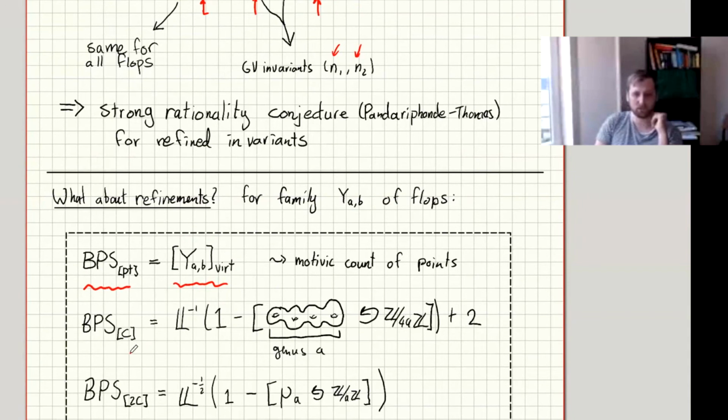But the more interesting ones are the curve counts. So the counts of the rank 2 curves will be some expression involving the Lefschetz motive, so the motive of the affine line, and some sort of motive of roots of unity, and these come with monodromy.